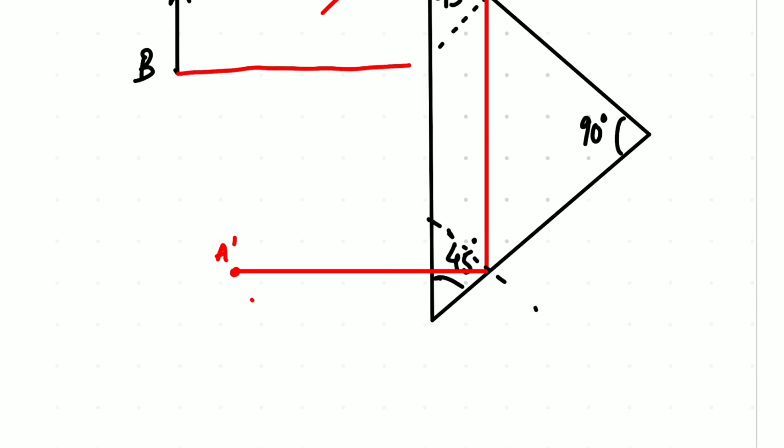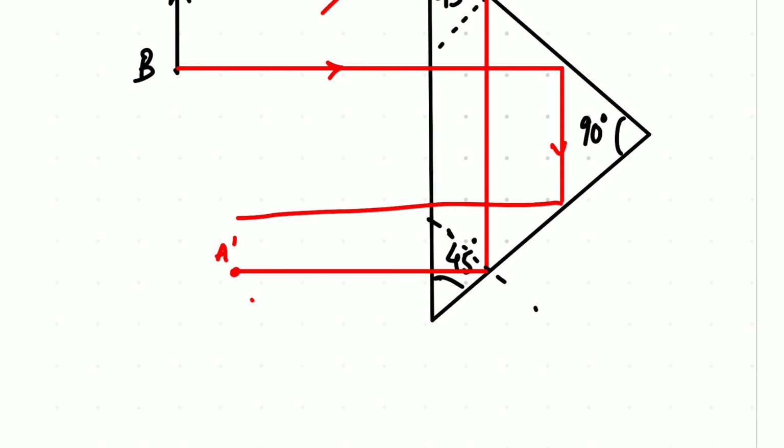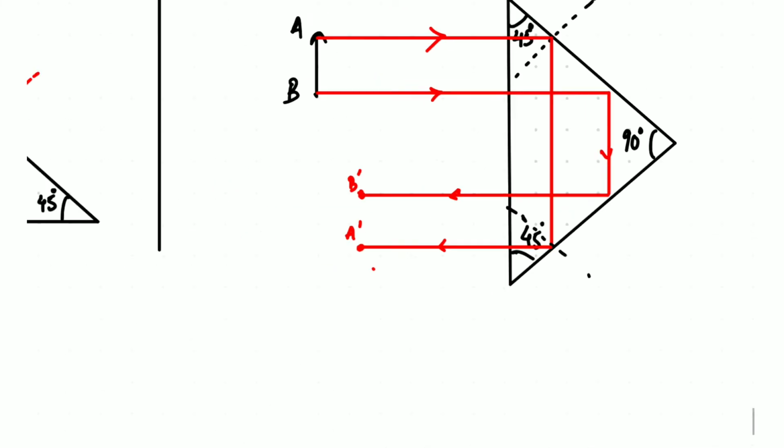Same story with your B. It will go something like this, totally internally reflected. Again, it will be totally internally reflected, and it will come back here, something like this. I hope you guys can understand that. So here you have your B dash.